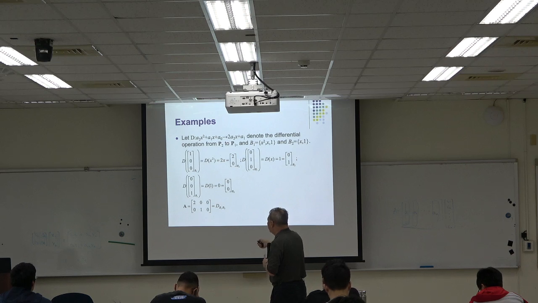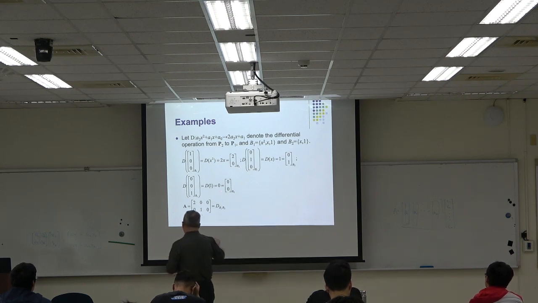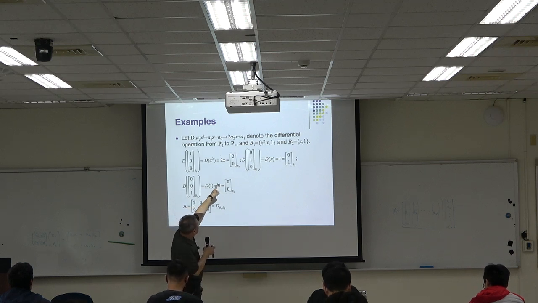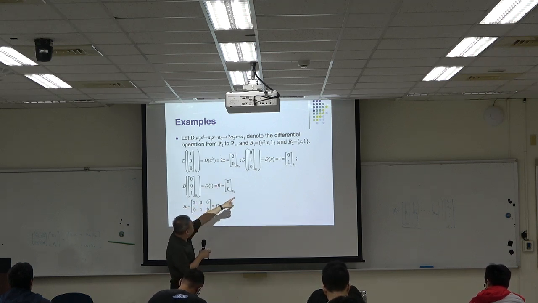And the third one, 0, 0, 1, that means just a constant 1, right? Constant 1, if you differentiate it, it's 0. So it will be 0, 0 using the basis B2. So, in other words, we can represent this linear transformation like this, okay? 2, 0 is from there. 0, 1 from there.